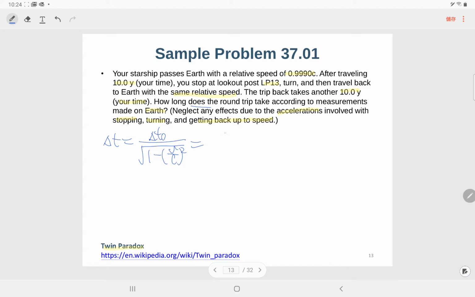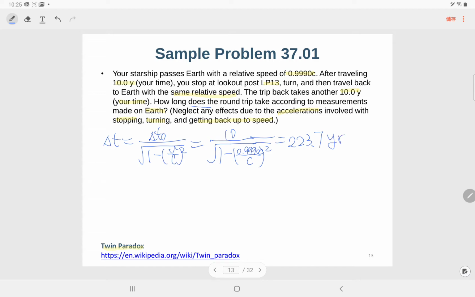So delta t0 is 10 years, and then square root of 1 minus 0.999 c over c, so c and c cancel, it becomes 0.999 squared, and 1 minus this one, and then take the square root. So it becomes 223.7 years.